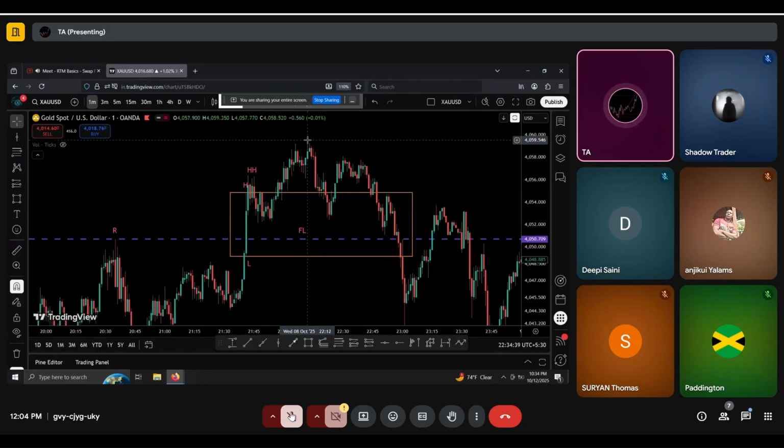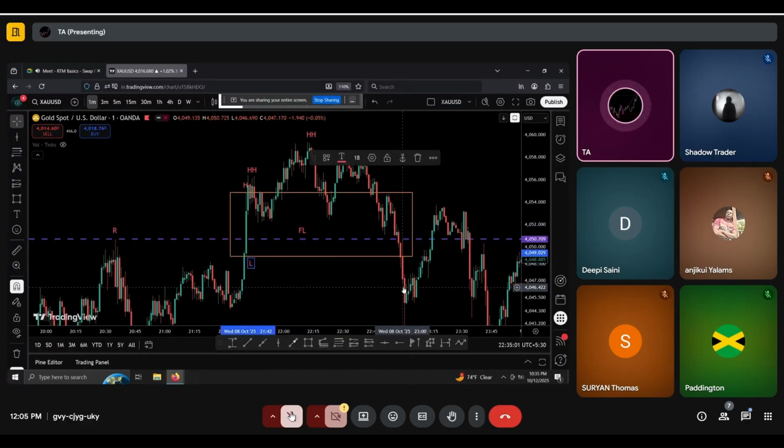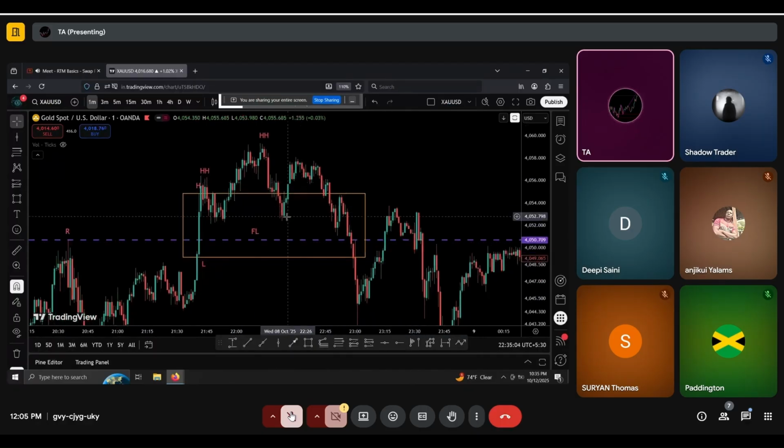And then again price came down here, goes up. So now this has to decide if price goes above this higher high or breaks this low to the downside. And what happened?